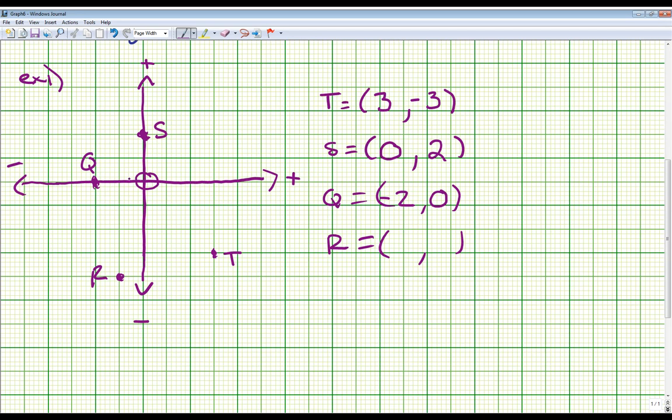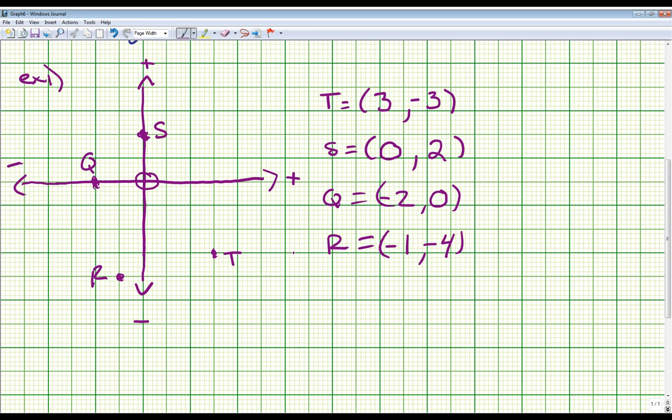We have to move back 1 space to get to this R. So we're going to have negative 1 as our first number. Now we have to move down to get to the R, and we have to move down 1, 2, 3, 4. So this would be negative 4. So that's the ordered pair for R.